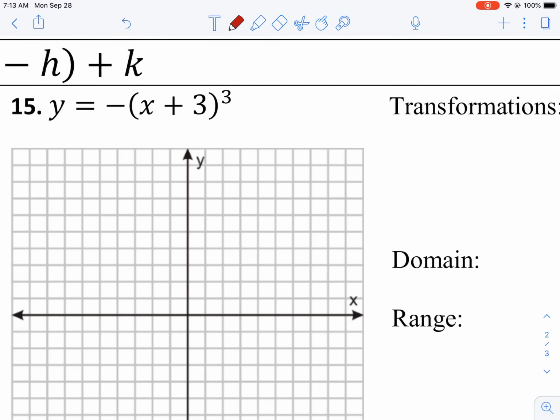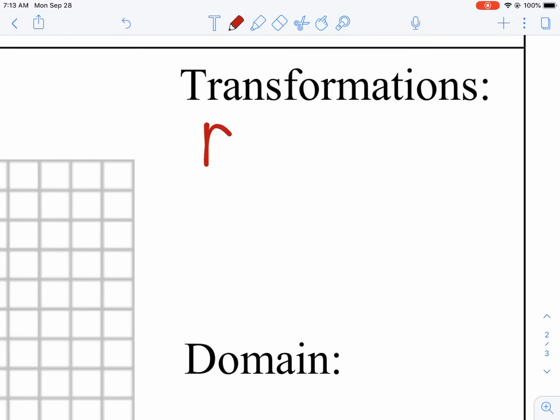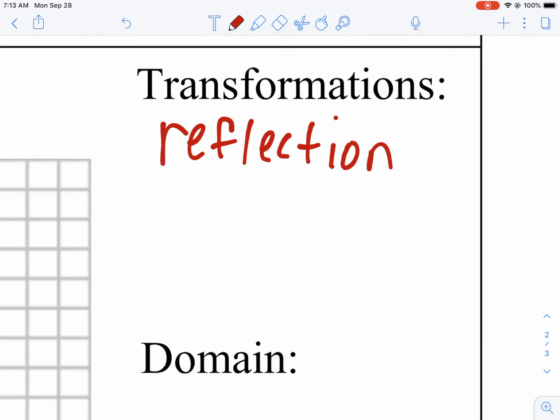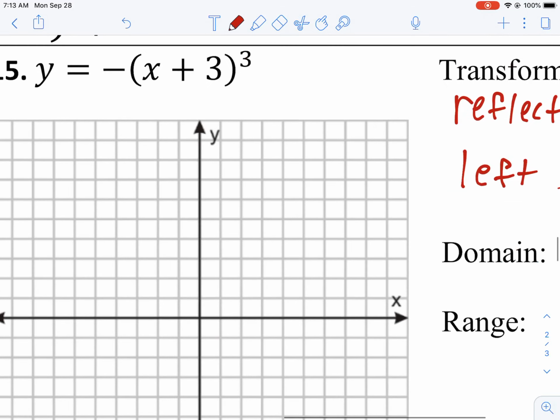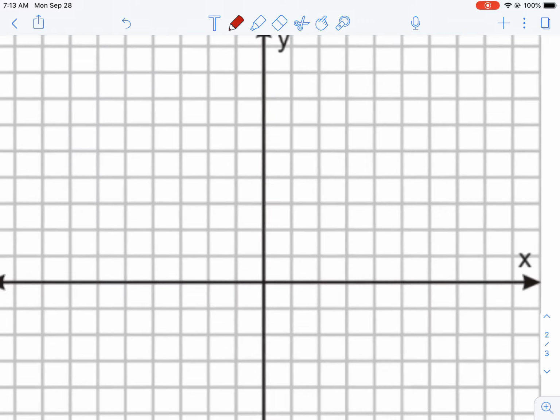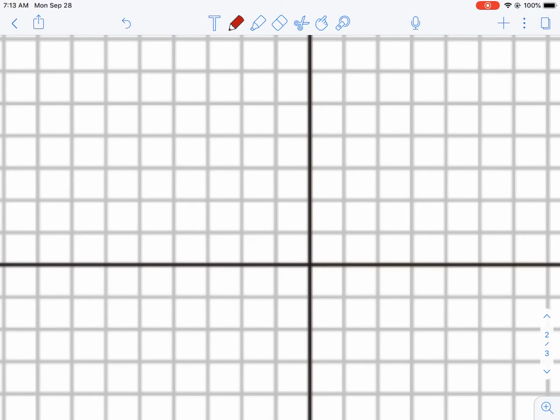Last one, we have another reflection here. And then we have a +3 on the inside, so that's going to be left 3. Now, this is a cubic function, so remember that's the slide. Again, if you can't remember the shapes, you can look on Desmos.